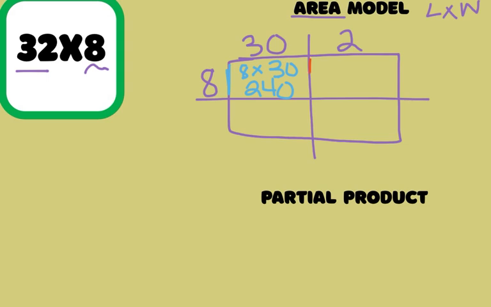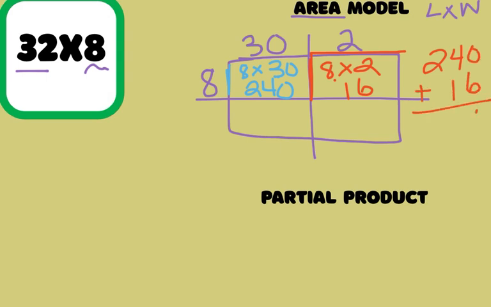Doing the same thing to my second area box, I have my length of 8. I have my width of 2. 8 times 2 equals 16. Nothing else to multiply, so I'm going to simply add 240 plus 16, which leaves me with a product of 256.